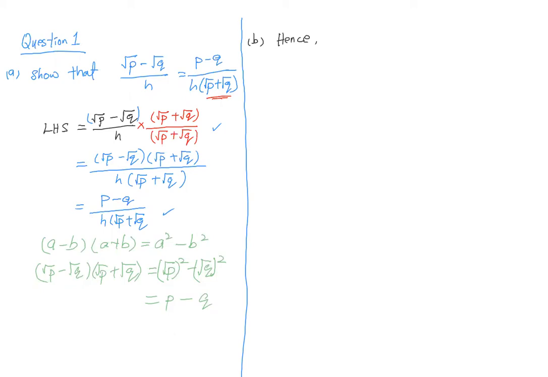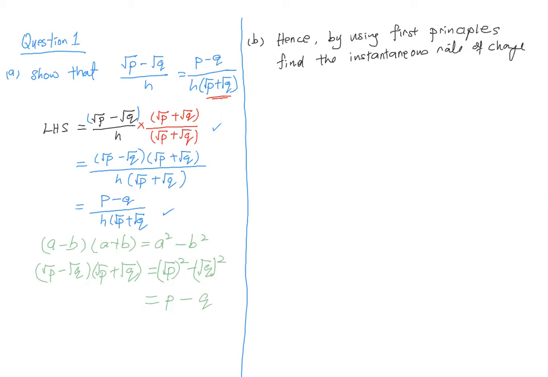Okay, hence by using first principle, find the instantaneous rate of change for y equal to square root of x plus 2 at x equal to.